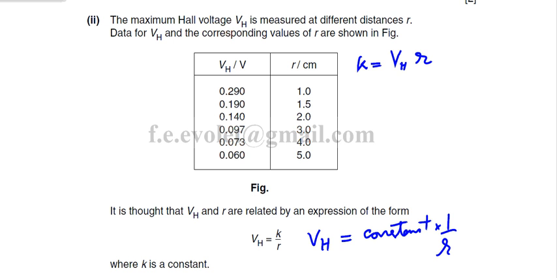Have a look: the first gives 0.29 times 1, which is 0.29. 0.19 times 1.5 is 0.285, which we can write as 0.29. Again, 2 times 0.14 is 0.28. 0.097 times 3 is 0.291.